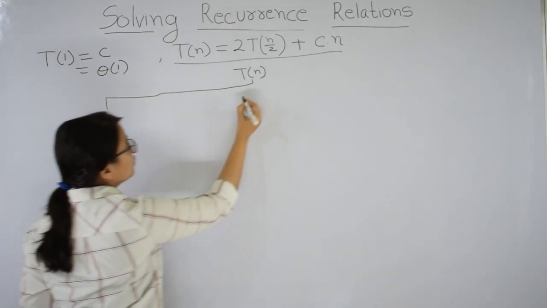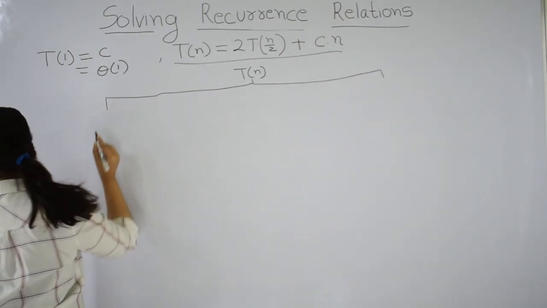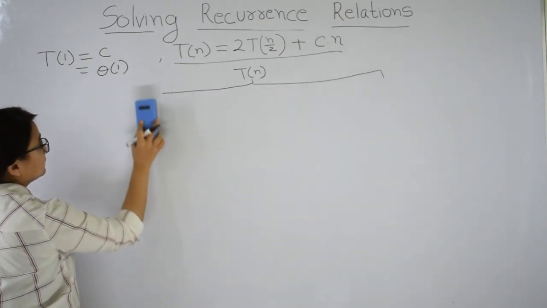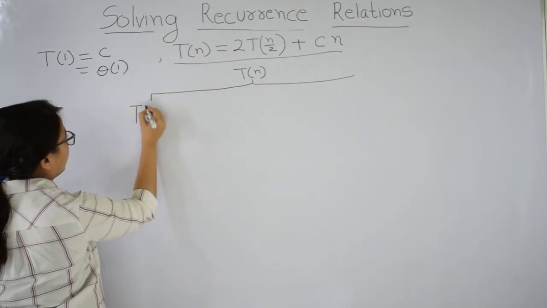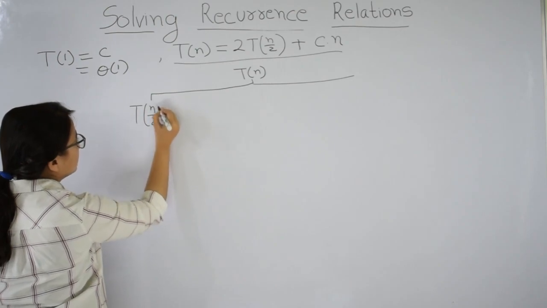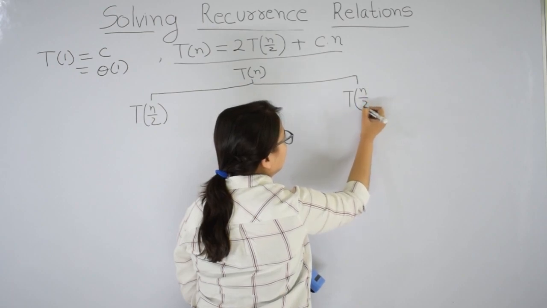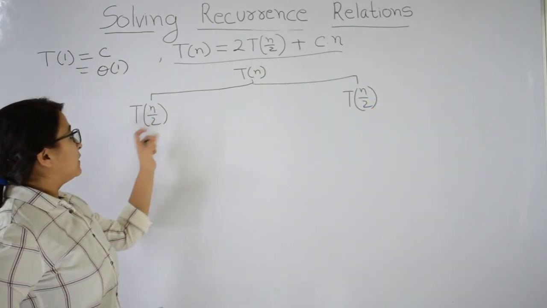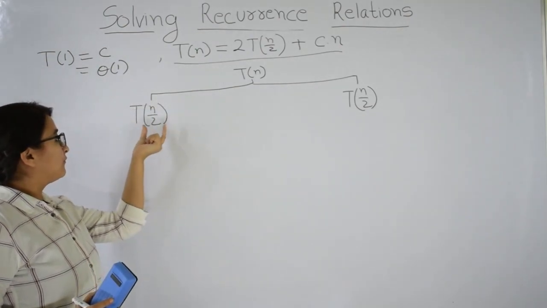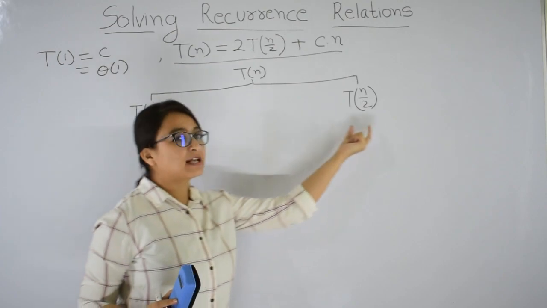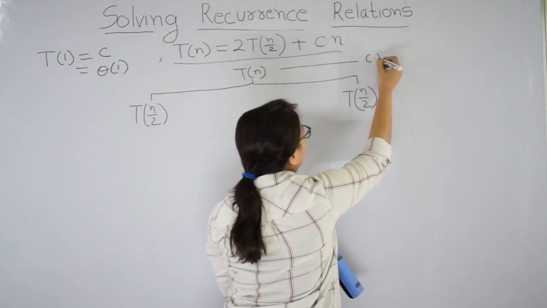By divided I mean two calls are being made, one on size n by 2 and another also on size n by 2, and this will take c into n time.